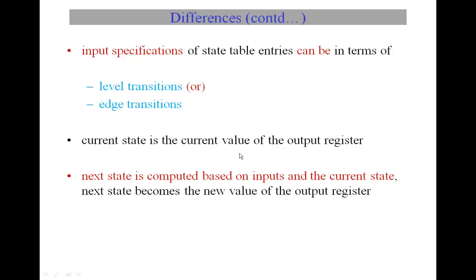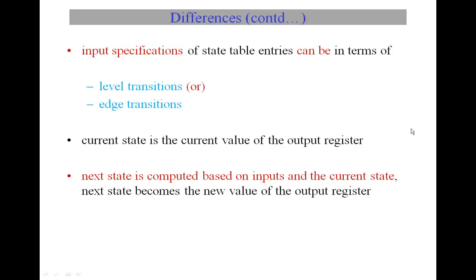Current state is the current value of the output register. That is what I said. If the T flip-flop is currently having a 0, it's the current value of that 1-bit register. Now next state is computed based on inputs and the current state. So here the input is a clock and the current state is 0.